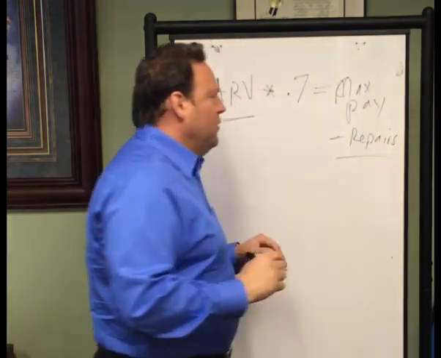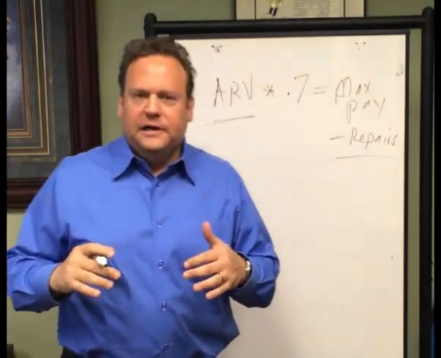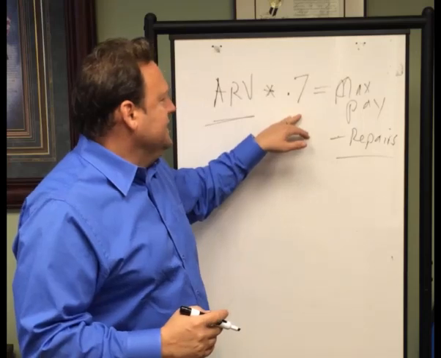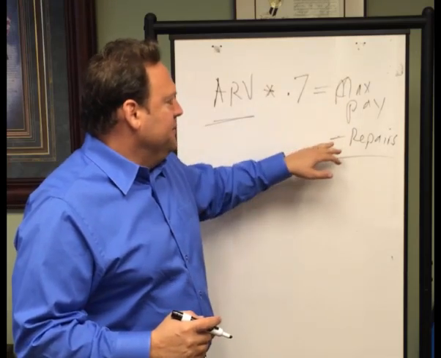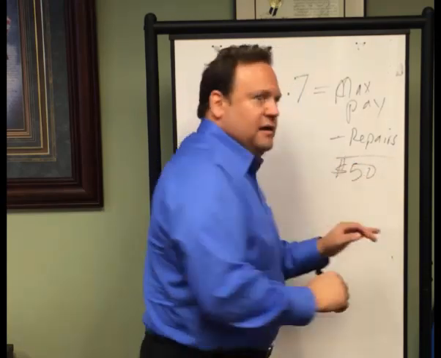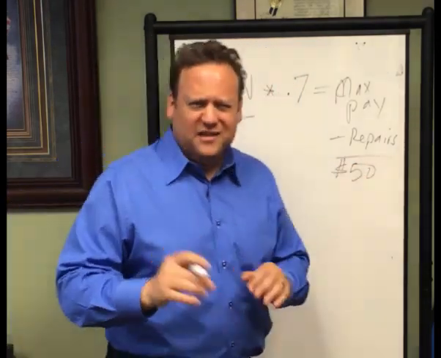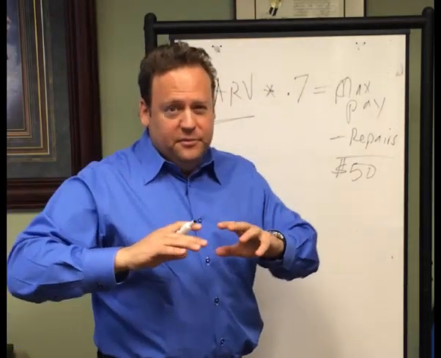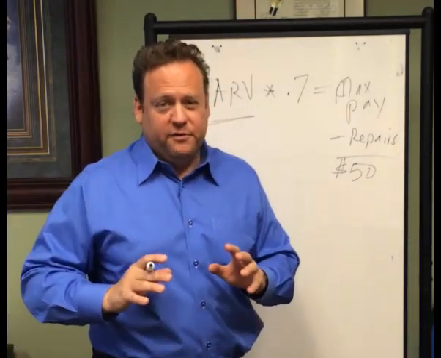Okay, so if there's a $100,000 property and needs 20,000 repairs, 70% of that is 70,000 minus 20 repairs. Then you can only pay 50 for that property. Now, some people will shade that a little thin, 70, 72%, 74. The more you shave that, the less room there is for the other investor.